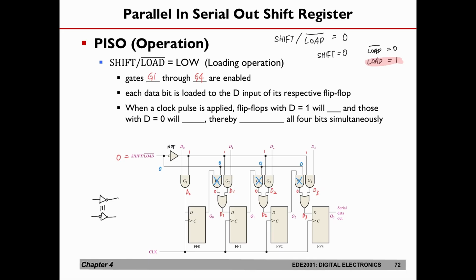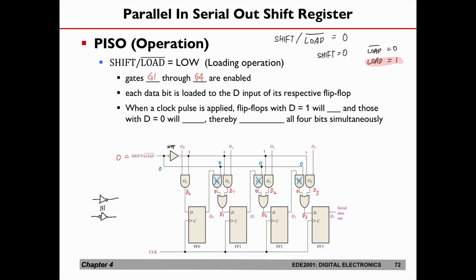So again, we have a situation whereby D0, D1, D2, D3 is now loaded to the input of each flip-flop. So this is the loading action. The moment I set shift equal to 0, I've enabled G1, G2, G3, and G4, and the data D0 to D3 are now at the input of each of the flip-flops.